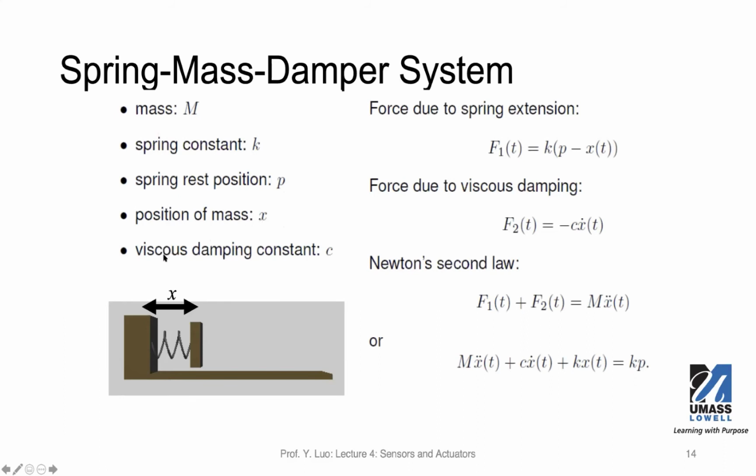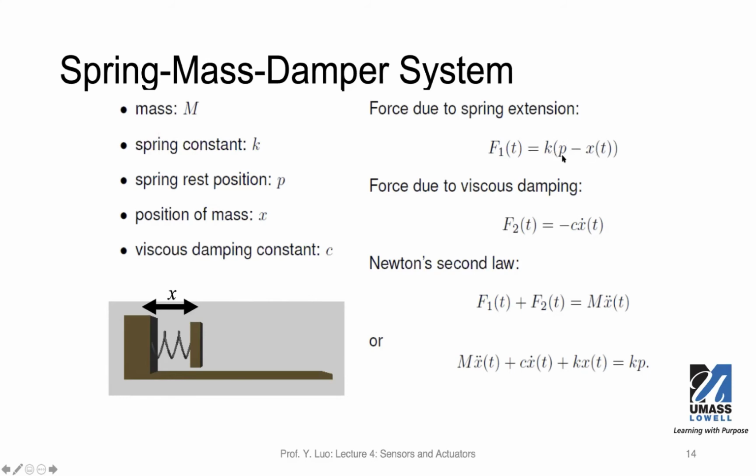And the viscous damping constant will be the opposite force that will be pushing this piece away if it gets too close to the fixed plate. So we have a few equations that can be established. This force, F1 at time t, equals the spring constant times the rest position minus the current position of the mass.